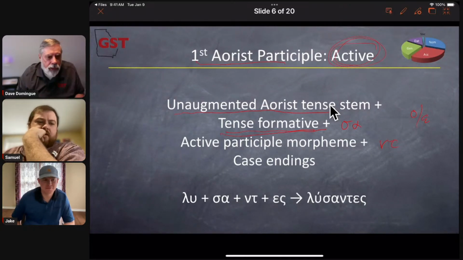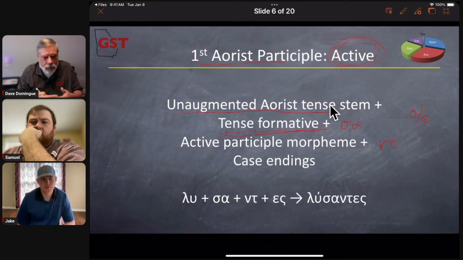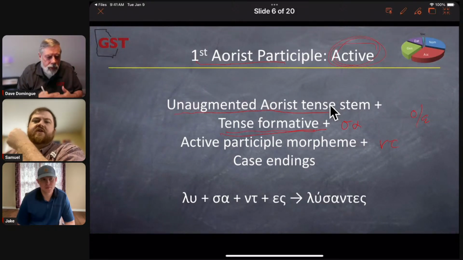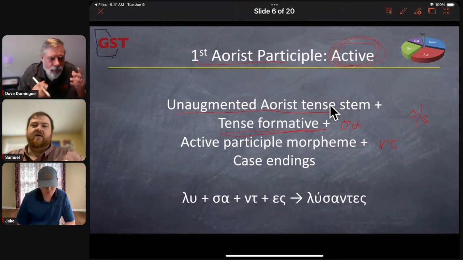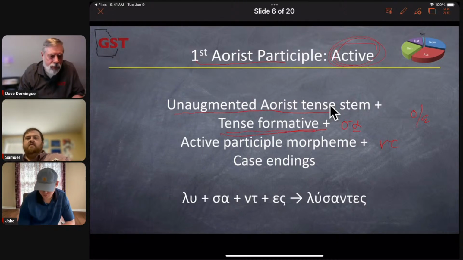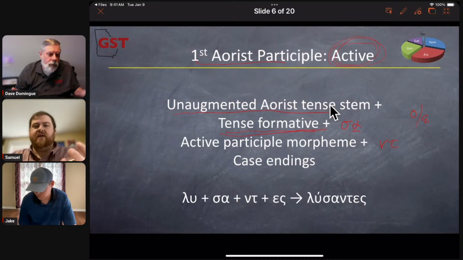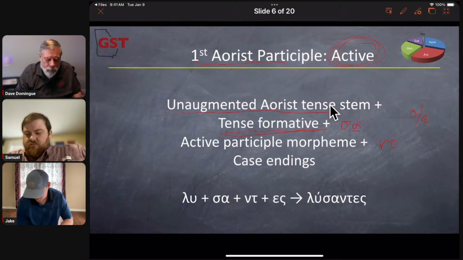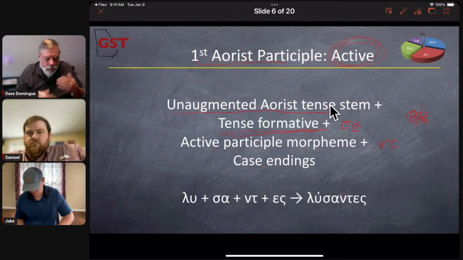You need a vowel to connect two consonants. Generally, when some consonants come together, it's hard to pronounce, so you put a connecting vowel. Why is there none here? Because it ends with a sigma alpha, and the alpha is a vowel. There we go. Again, I'm just trying to make you think through this.